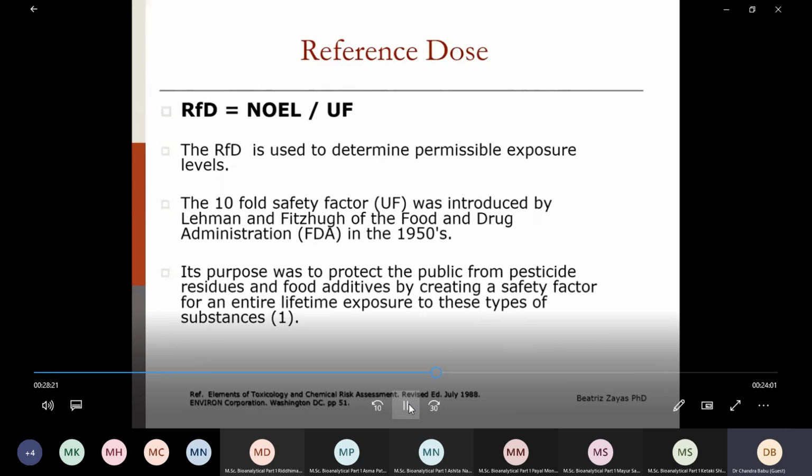Keeping that in mind, in the 1950s, two researchers from the FDA introduced a concept called safety factors or uncertainty factors. What they recommended at that time, and has been implemented since, is that once we have a NOEL from an animal study, we want to make it a reference dose for humans.